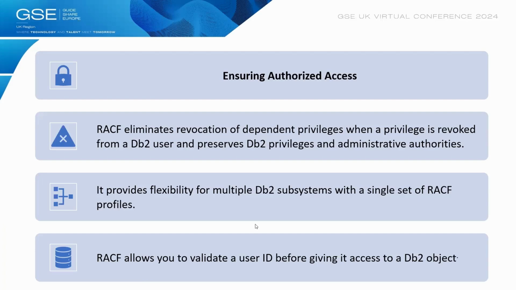It's also more flexible when we have multiple Db2 systems. We can provide a single set of RACF profiles to support all of them. And I think this is also important: we are validating the user ID even before the user has any access to the Db2 object.